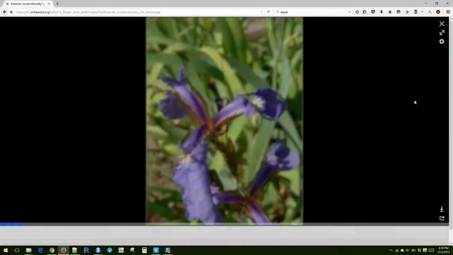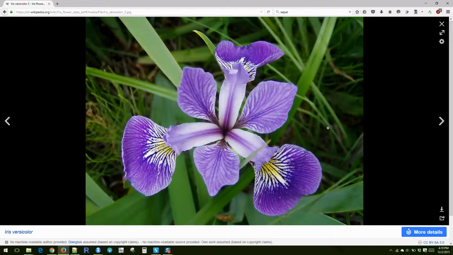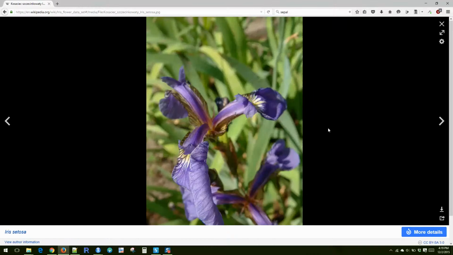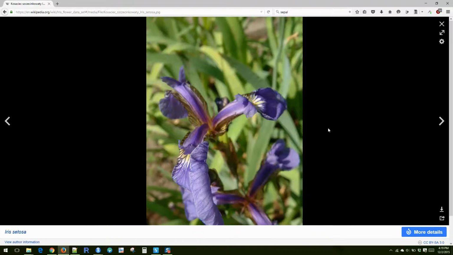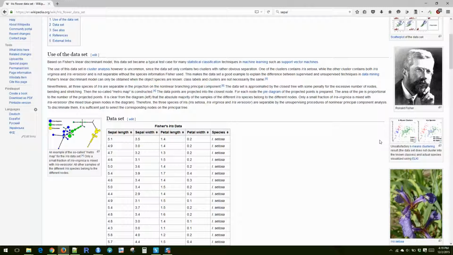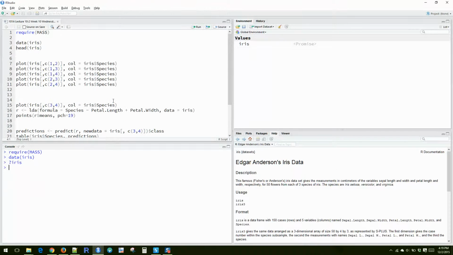And then, there's 3 species of iris. This is the setosa, the versicolor, and the virginica, right? And I'm no expert on irises, but we can measure the petals and the sepals, and try to create a classification system. Okay.